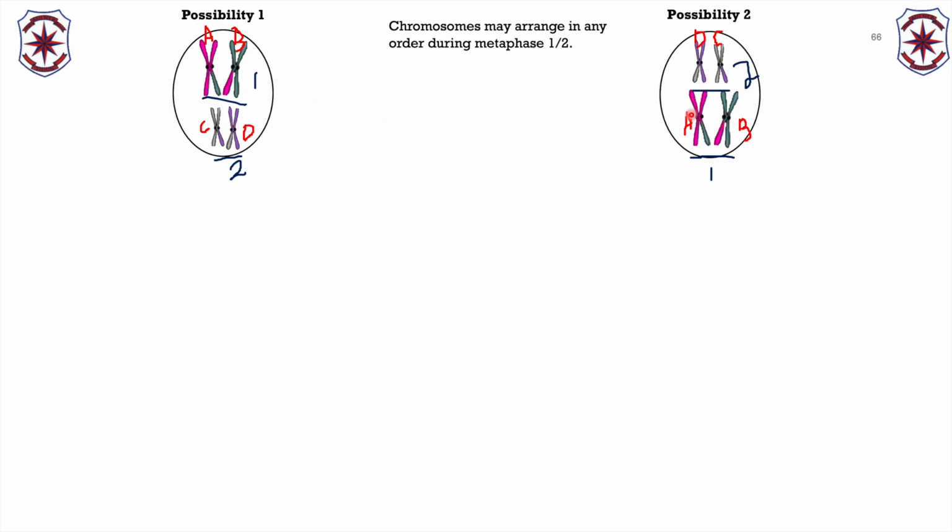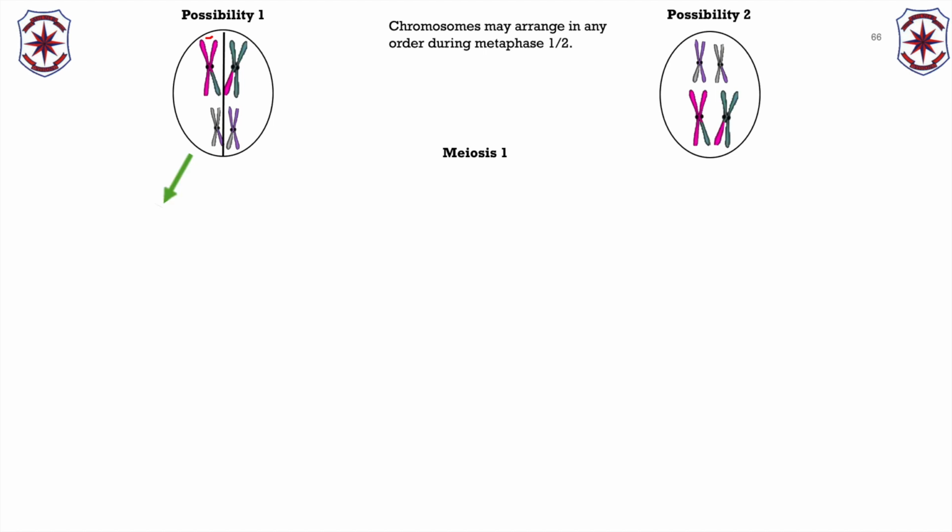Okay, so what will this result in? Remember, at the end of meiosis 1, the cell is going to divide in half. Okay?